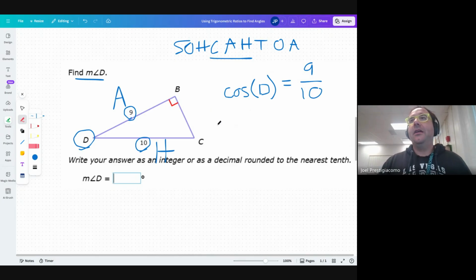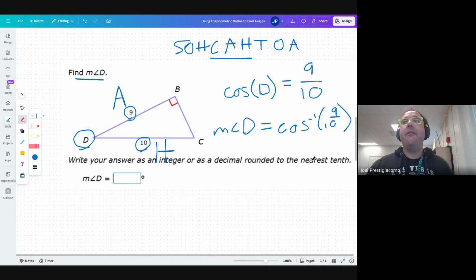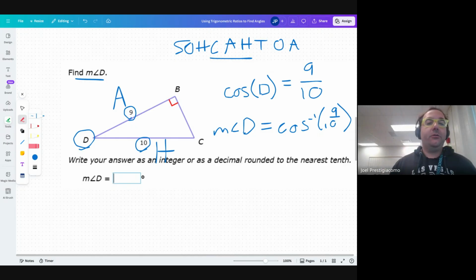And this tells us that we could find the measure of angle D as the inverse cosine of 9/10. So if we're trying to get an angle, we have to use the inverse. Cosine, usually we put an angle into it. Inverse cosine, we actually put a cosine value in to get the angle back out.